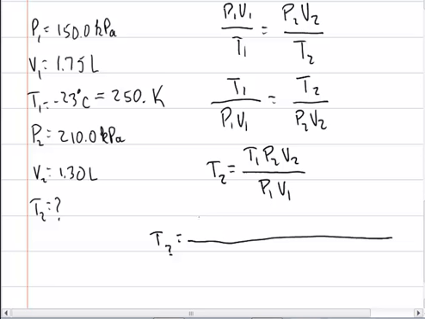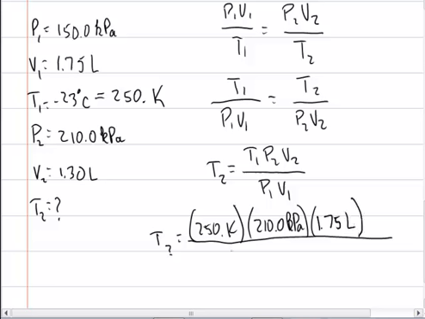Okay, so we have T1, which is 250 point kelvins, times P2, 210.0 kilopascals, times V2, which is 1.30 liters.